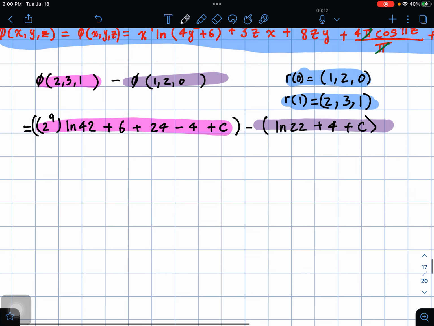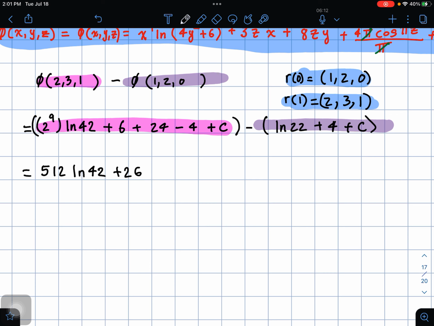Okay, now, what is 2 to the 9? I have no idea. That's 512 ln 42, and all these constants, 6 plus 24 minus 4 is 26, plus C. Okay, I'm sorry, the C just annoys me.